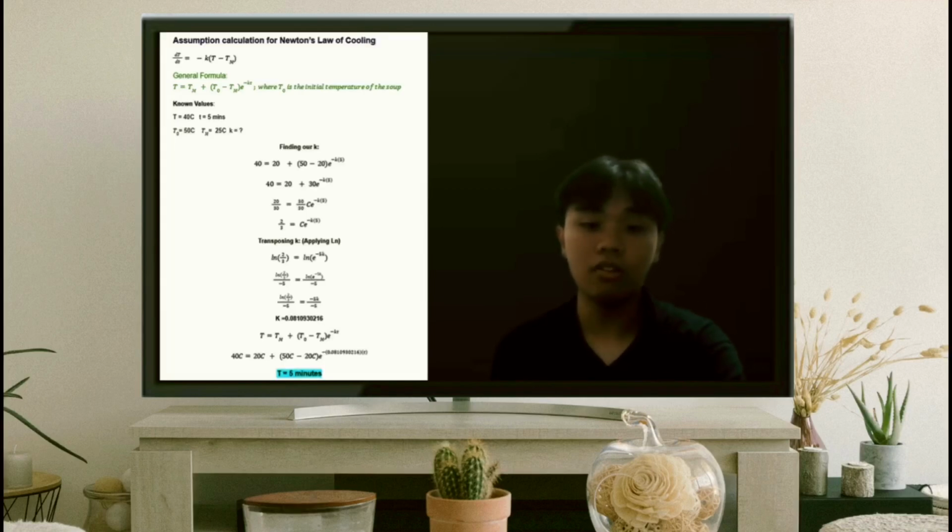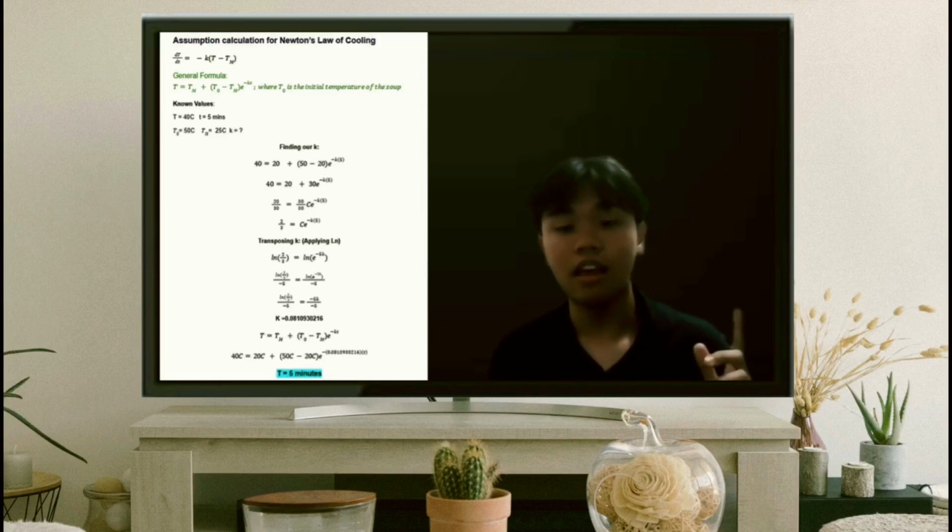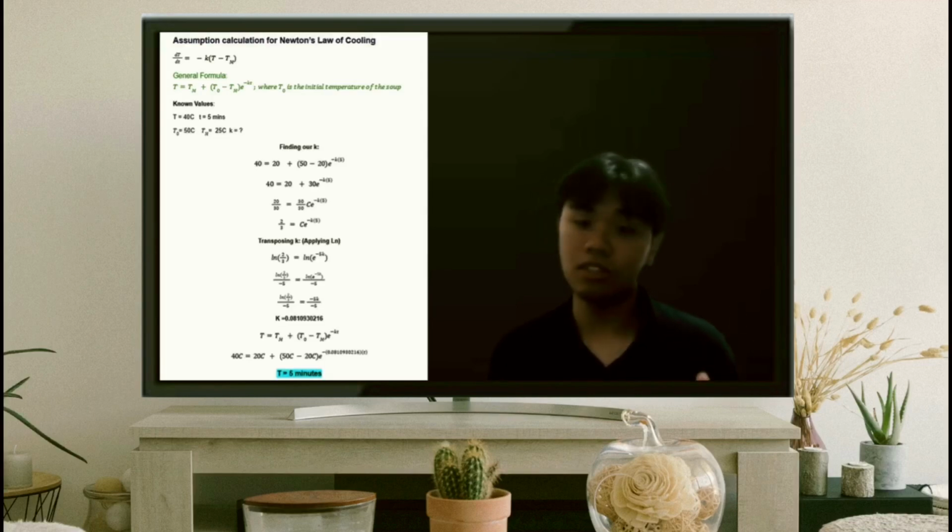Transforming those, we take the ln of both sides, which is the ln of 2/3 equal to the ln of e raised to negative 5k. To reduce that further, the ln and e cancel out, resulting in just negative 5k. We need k, so we divide both sides by negative 5 in order for k to be alone.